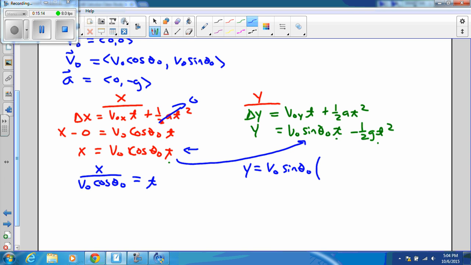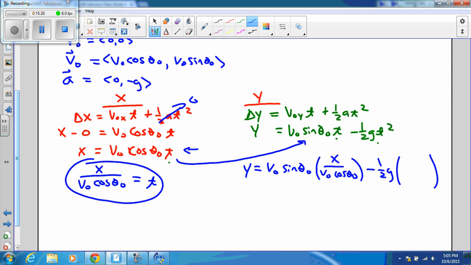And when I substitute, I get y is equal to v0 sine theta times the value of t that we found here, which is x over v0 cosine theta, minus 1/2 g times the value of t that we found here squared.